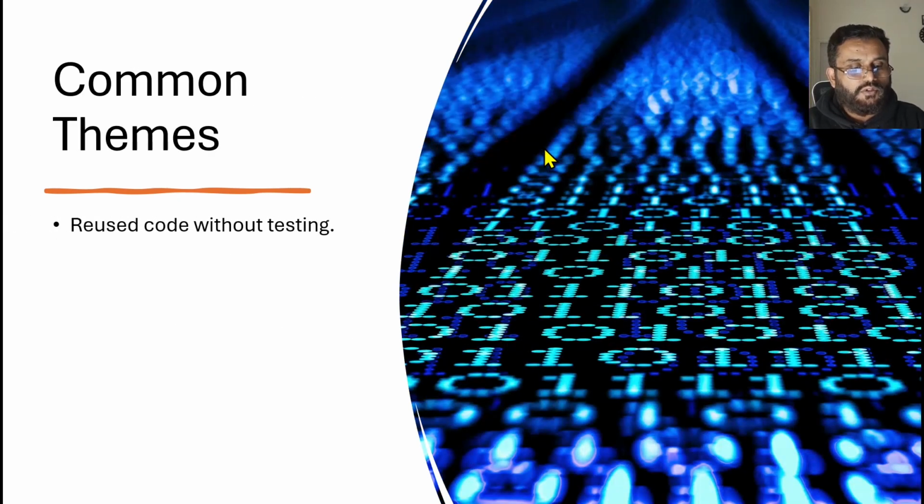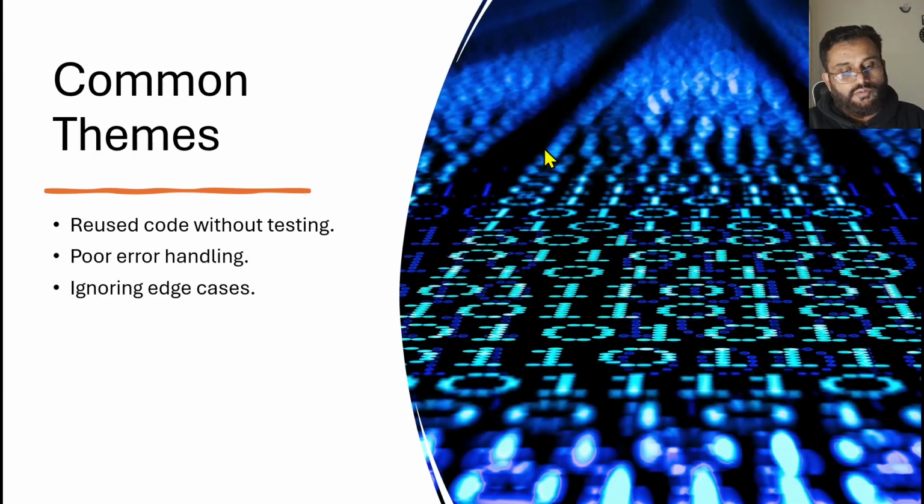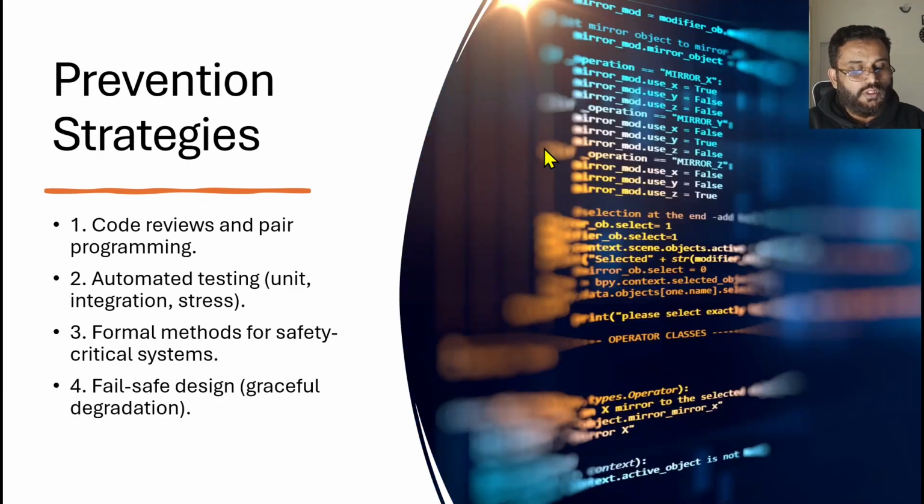Common themes of all these faults are that sometimes code was reused without testing, error handling was not done properly, and edge cases were ignored. We can overcome these by deploying prevention strategies, like code reviews, or pair programming, where a couple of people sit together, one an expert programmer and the other not that expert, and the expert guides the less expert person to write better code.